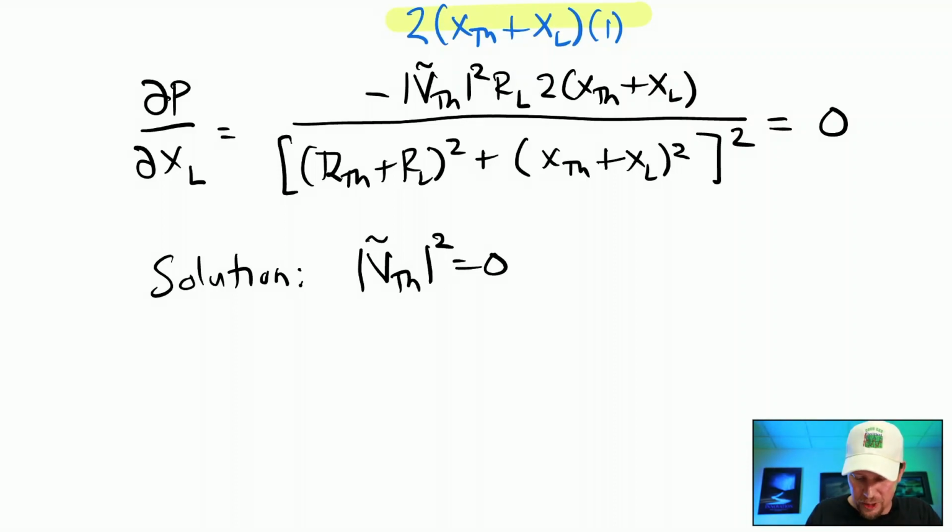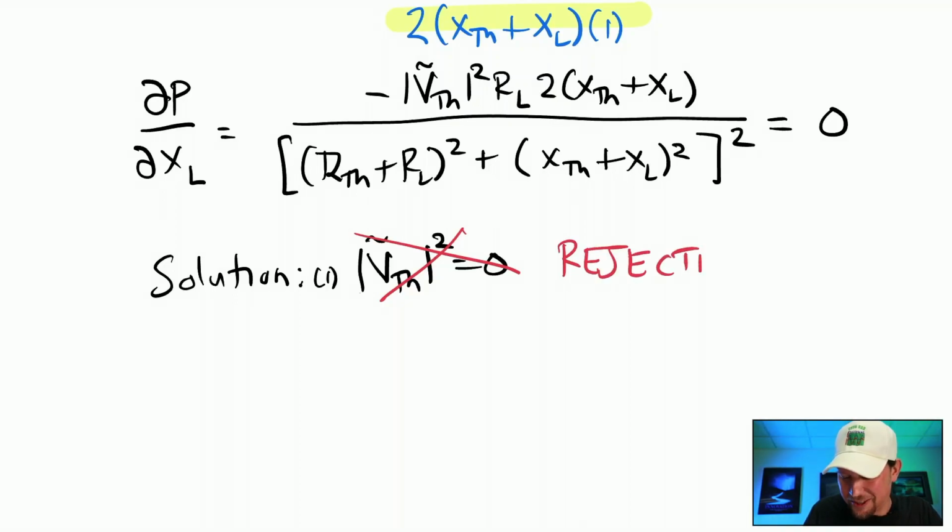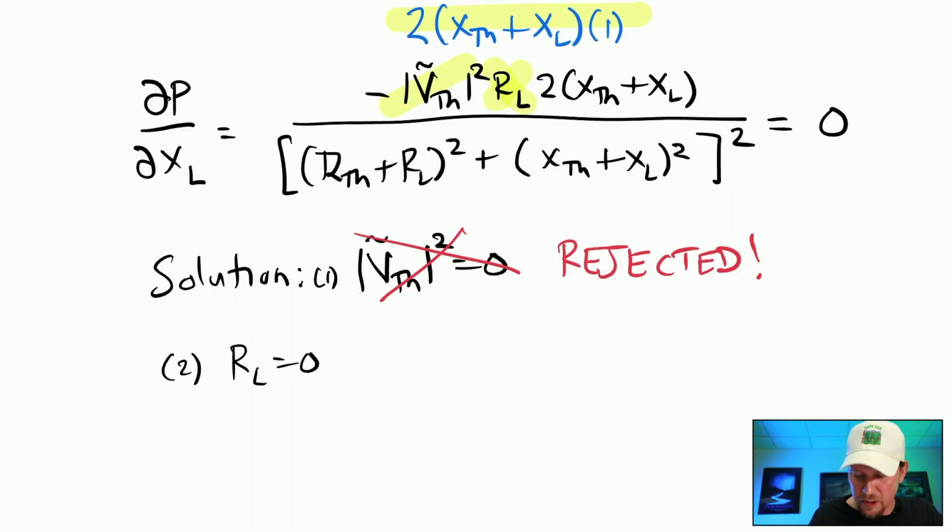So this solution, which is our first solution, this one right here, I'm going to cross it off. See, this is rejected. We don't want that. The second solution: the load resistance could have been 0.